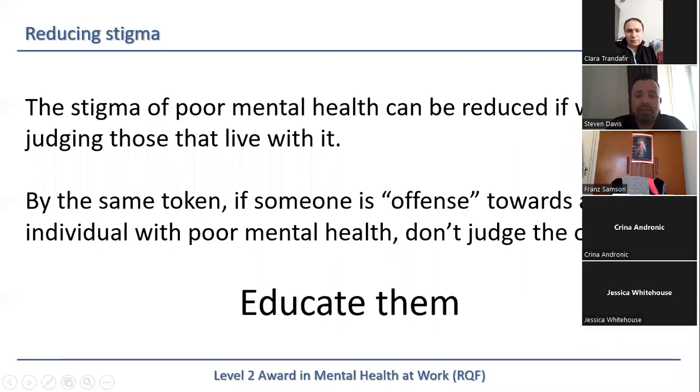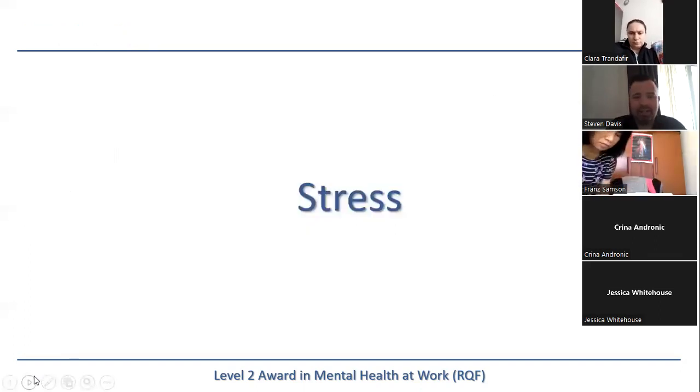By the same token, if someone else is offensive towards an individual with poor mental health, don't judge the offender, educate them. So what we're saying here is, if you hear people using derogatory terms, rather than having a go at them or trying to tackle them, just try to educate them and get them to be sympathetic and empathetic and make them feel what we're feeling.